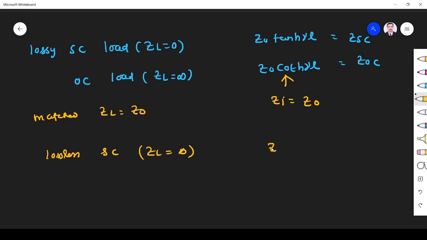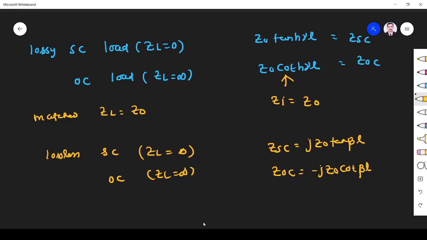So ZSC is given by j Z0 tan beta L. This is for lossless. For open circuit, ZL is equal to infinity. ZOC is equal to minus j Z0 cot beta L. Fine. Then for matched load, ZL is equal to Z0. That is, load impedance must be equal to characteristic impedance. Zi is equal to Z0 also.